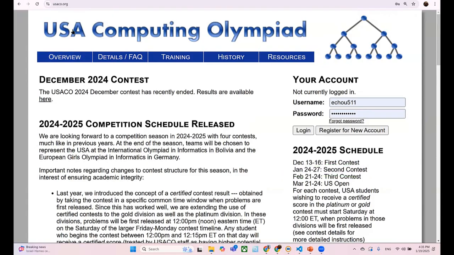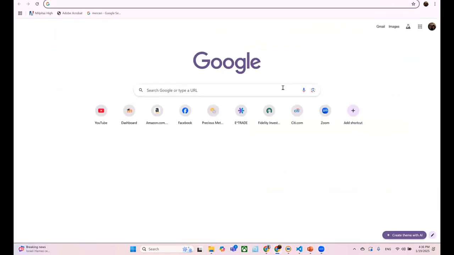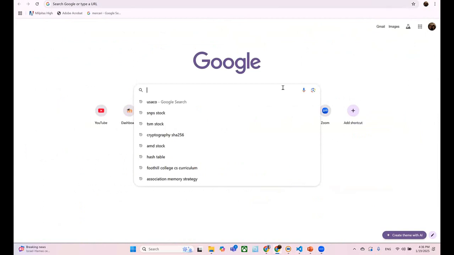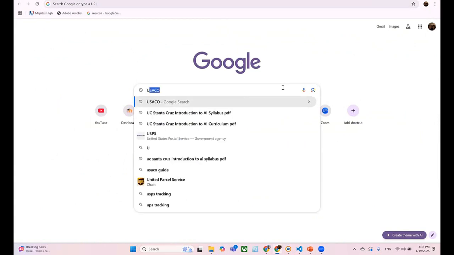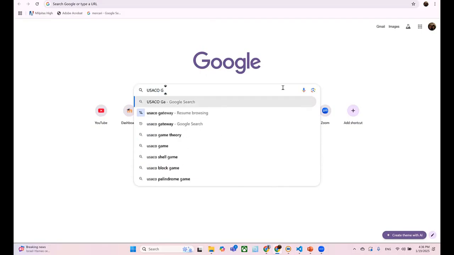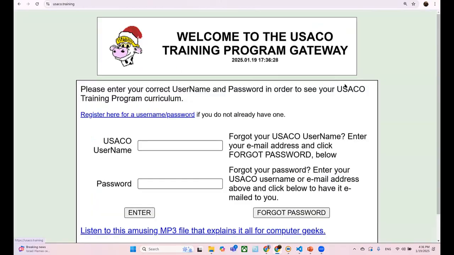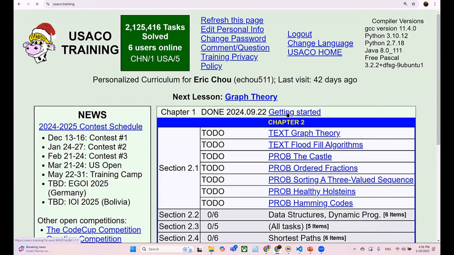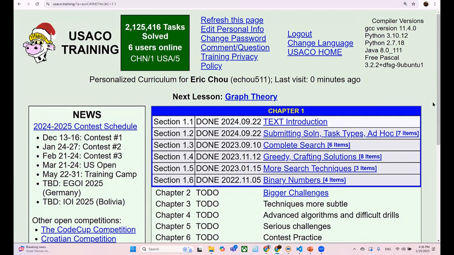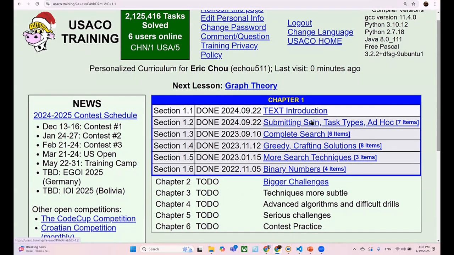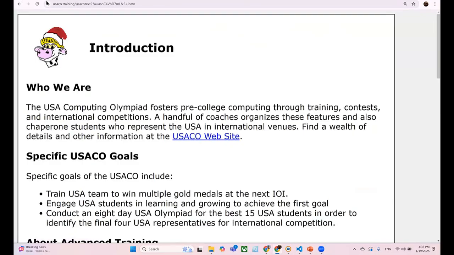Okay, take a look at the training site. Let me see if the problem is not too big. I'll go over one problem. Last time we finished session 1.